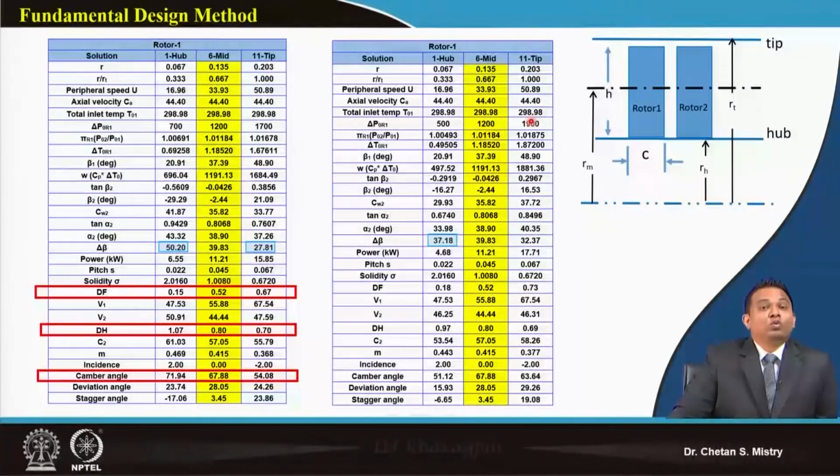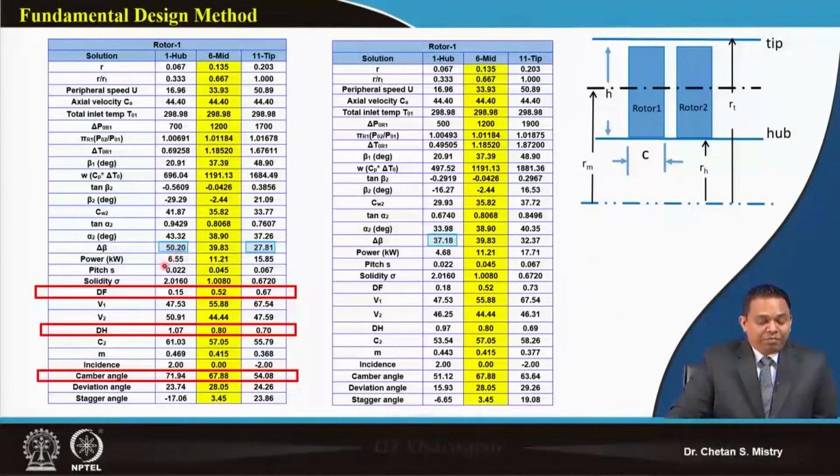Now, to showcase what iterations we have done: initially we assumed at the hub a total pressure rise of 700, at the mid station no change, but at the tip 1700 Pascal. With this kind of calculation, look at the de Haller's factor we are getting, 1.07, which is on the higher side.